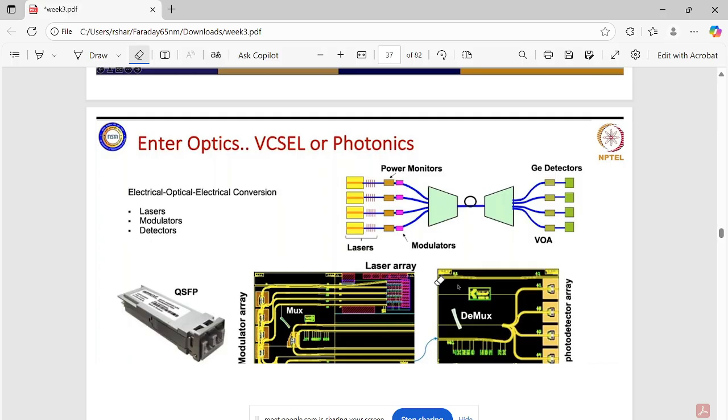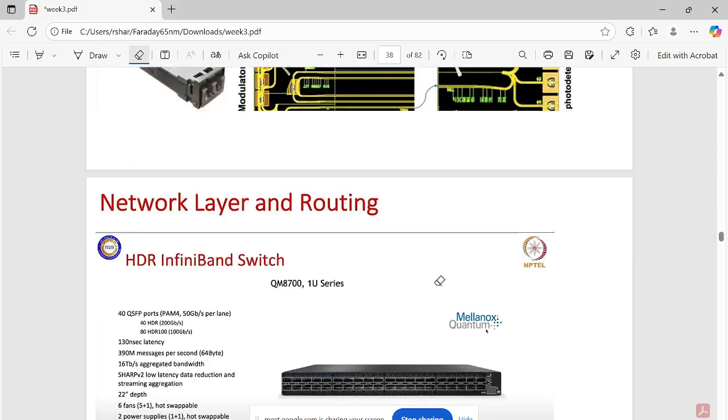Today, a single port's link speed is around 400 gigabits per second. So this is where we solve the bandwidth problem, and there is development going on in which we could actually increase it from 400 to maybe a terabit per second and beyond. So next is network layer and routing.